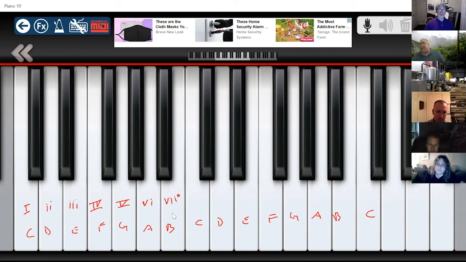So in a key of B major, if I'm going to do a major triad on the pitch B, I should go B, D sharp, F sharp. You see? But that's not what I have here. I have B, D natural, and F natural, which is kind of weird. So in the key of B minor, which would be relative to what?